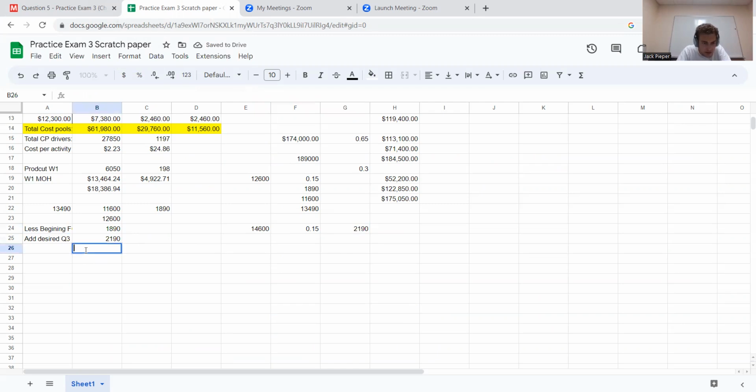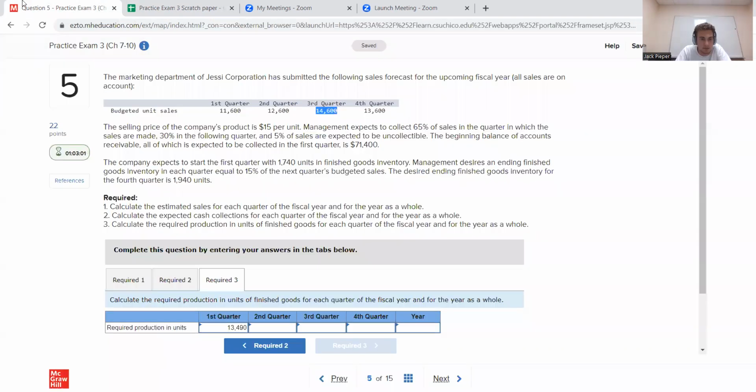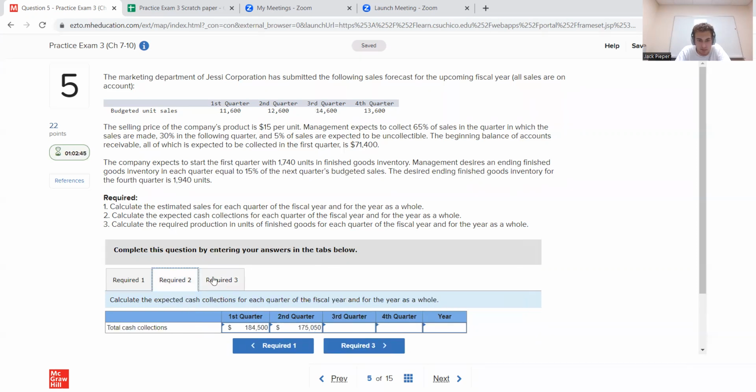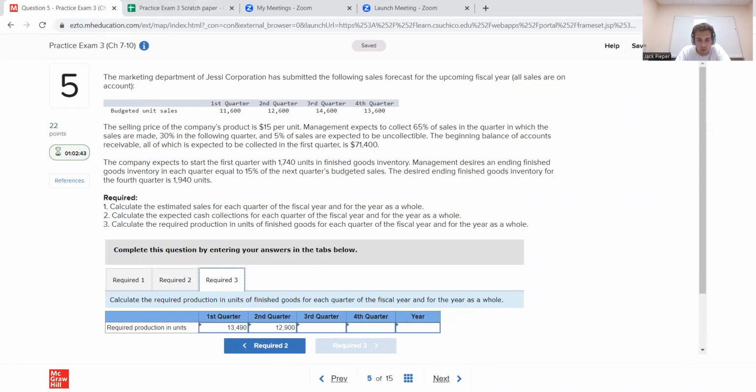And then we'll do this number minus beginning plus the desired ending, 12,900. Okay. And then you would do the same for the third quarter and the fourth quarter. And then for the year, you would just add them all up again. Cool. We'll move on.